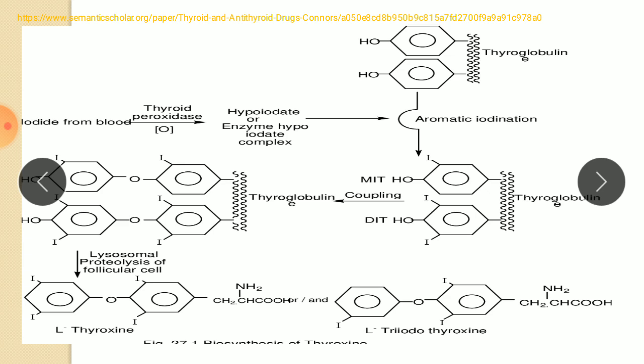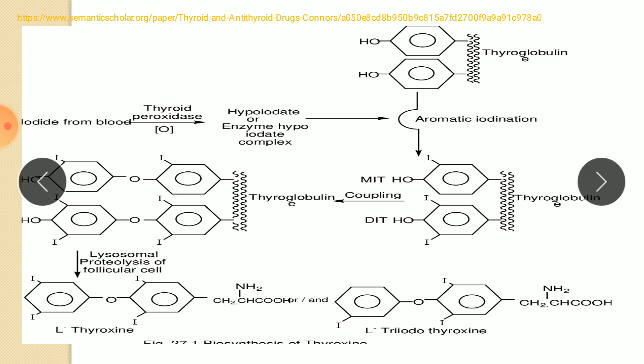So from these four, MIT and DIT are recycled and converted again, and T3 and T4 go from the thyroid into the blood circulation. So here there is a separation of T4 and T3. So it is the formation of T3 and T4.